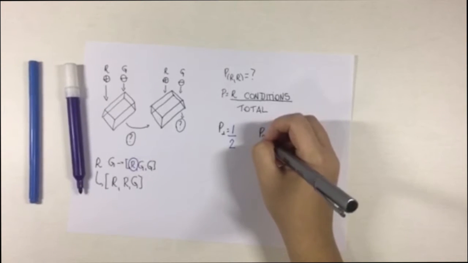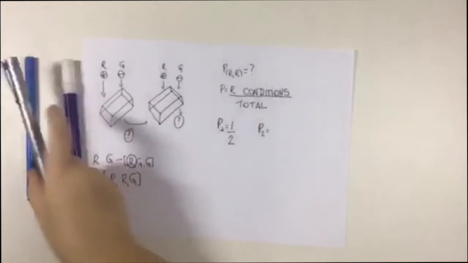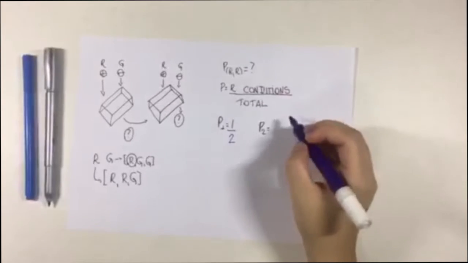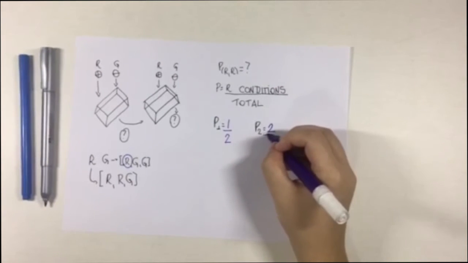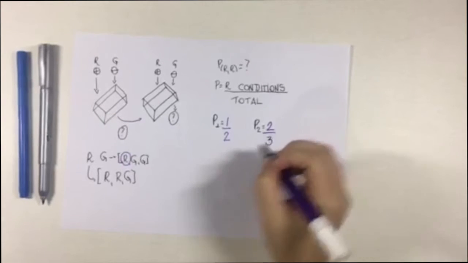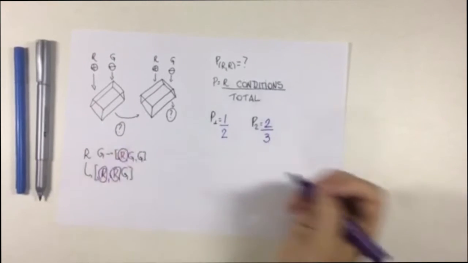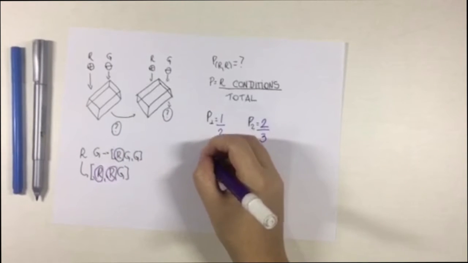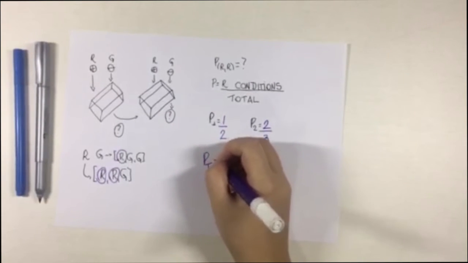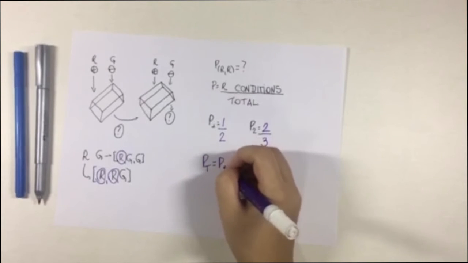Now, inside the second box, we have 3 balls, 2 red and 1 green. Considering that we only want red balls, the chance of him getting a red ball from the second box is 2/3.